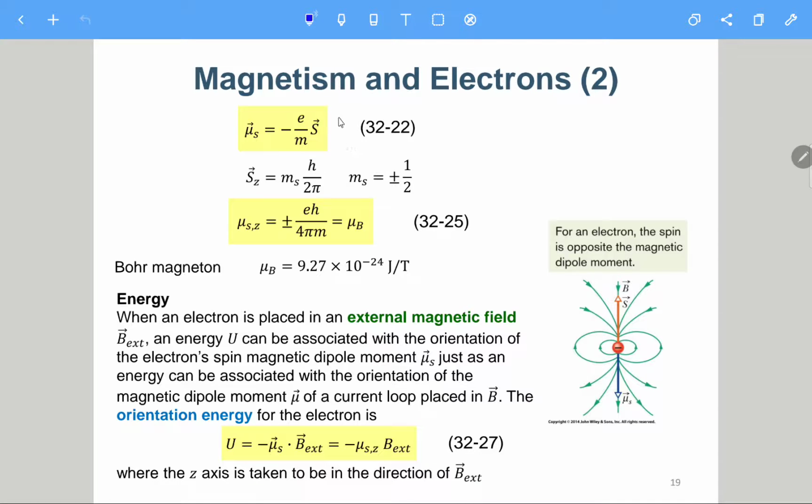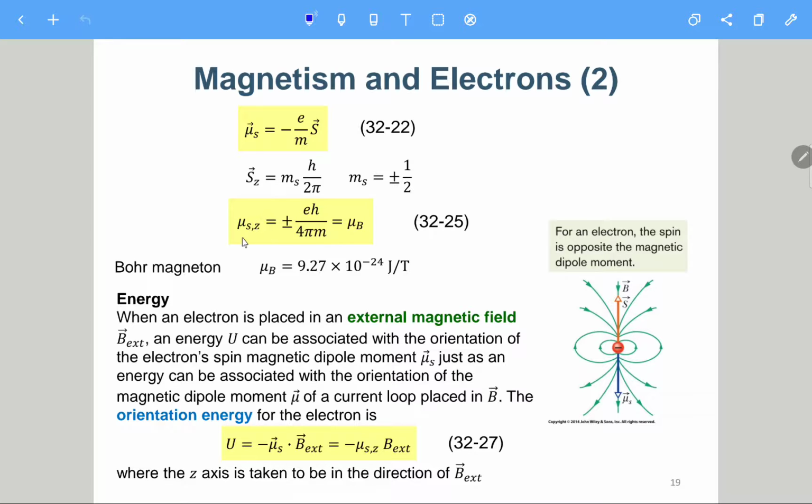So on the previous page we have mu s equals this one, and then sc equals this one. So we can just plug this term into here, this term into here, and then also we plug in ms equals plus or minus 1/2. So we will have plus or minus 2 times 2 is 4 pi m at the bottom, and then e times h at the top.